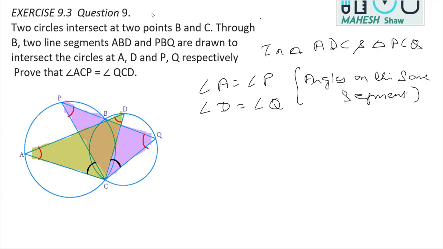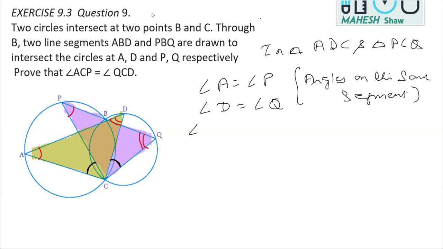Now, as I said in the beginning, when we know that two angles of a triangle are equal to two angles of another triangle, then their third angles must be equal. So you can clearly see that here these two angles, angle D is equal to angle Q, and angle P is equal to angle A. Therefore, their third angle must be equal. And what is that third angle here?